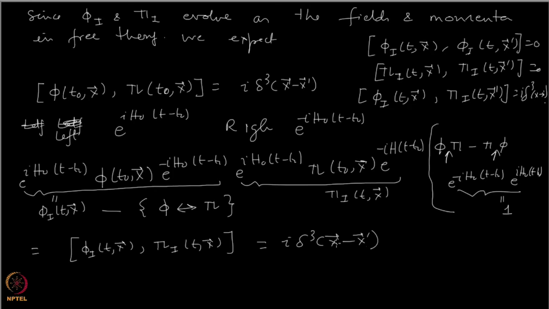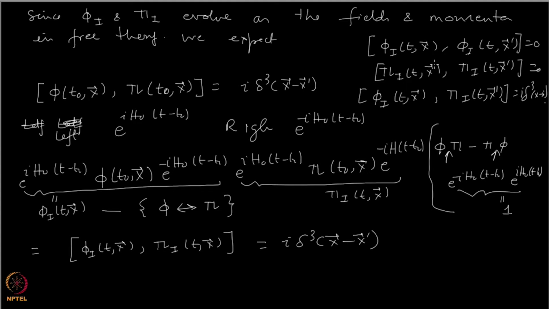So indeed the commutation relations are exactly the ones which the free theory satisfies, and even in the full theory the same commutation relations are satisfied. So this is good, and this is good because we know how to deal with fields which evolve like free fields, and operators which evolve like free operators. So we will be able to do exactly what we did in free theory.